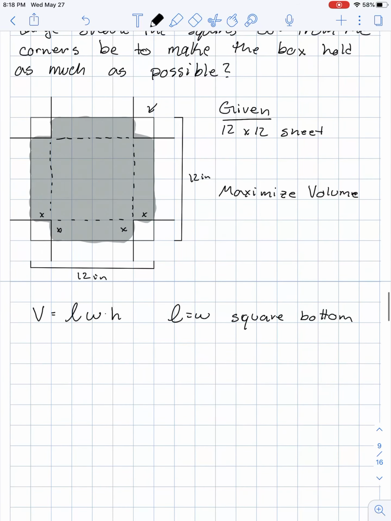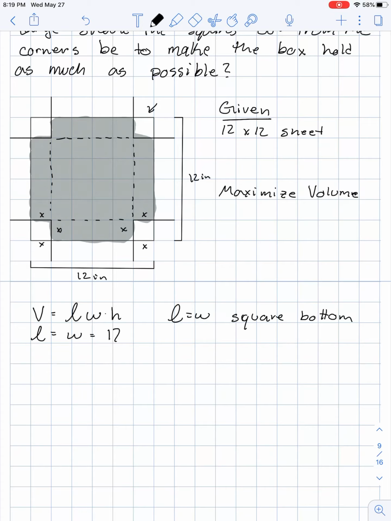So if this tin sheet is 12 inches long and I make one X cut here and one X cut there, let's look at our length, which we know equals width.